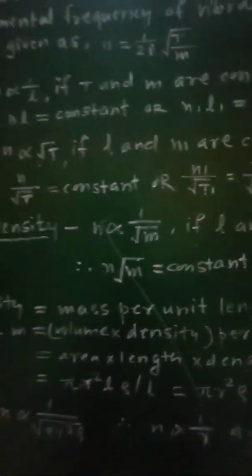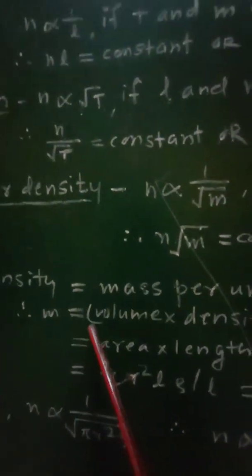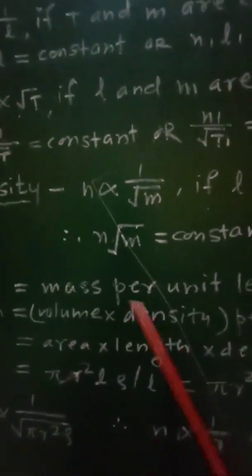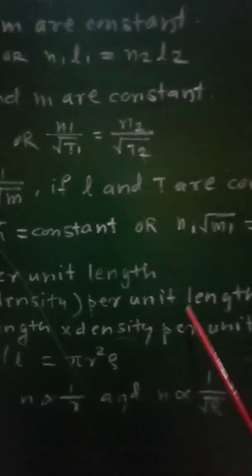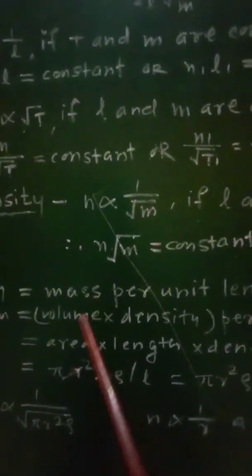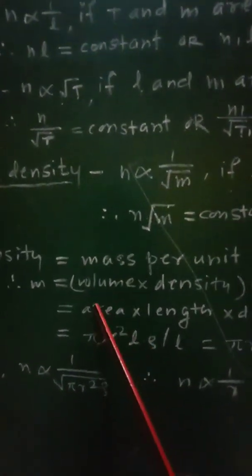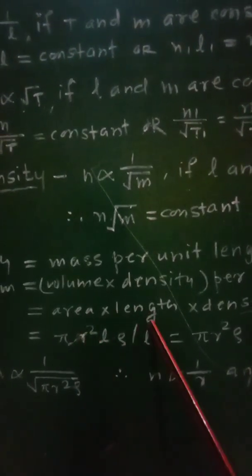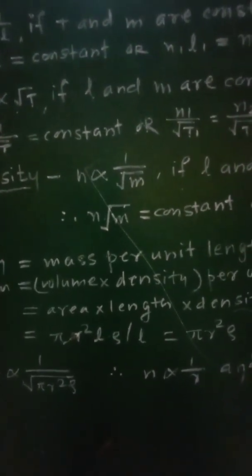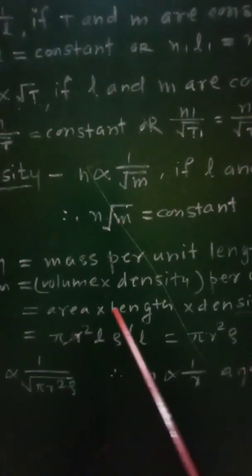For that, as linear density is nothing but mass per unit length of that string, mass per unit length or linear density m equals volume into density, that is mass, per unit length. This volume will be area into length because that wire or string will be in the form of a cylinder, and therefore its volume will be area of cross section into length.